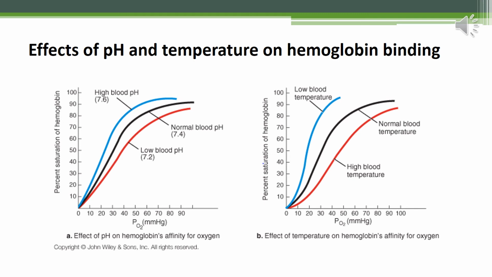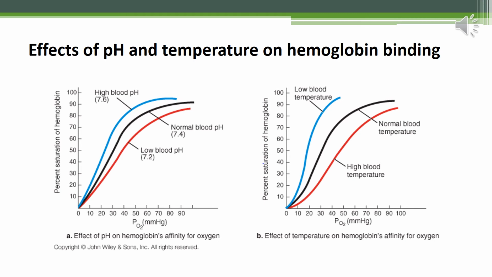So at a high pH, or rather a basic blood pH of 7.6, we see that hemoglobin's ability to bind oxygen has gone up, and this is shown by the blue line. Whereas in the red line, we have a low blood pH, or an acidic blood pH of 7.2, and as you can see, we have a decreased affinity for oxygen in these conditions.